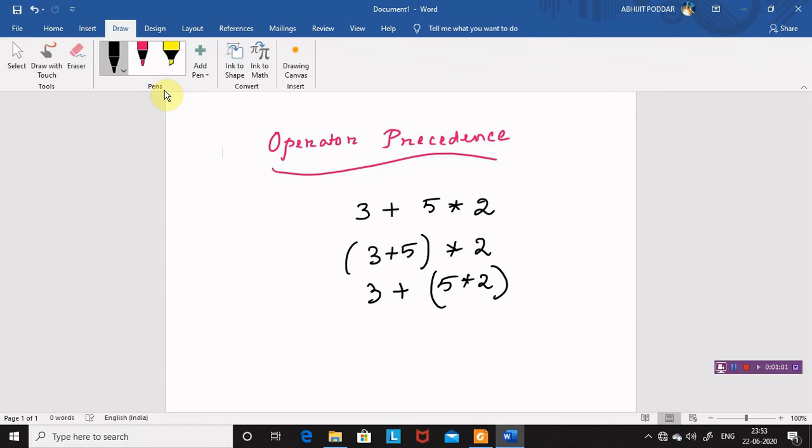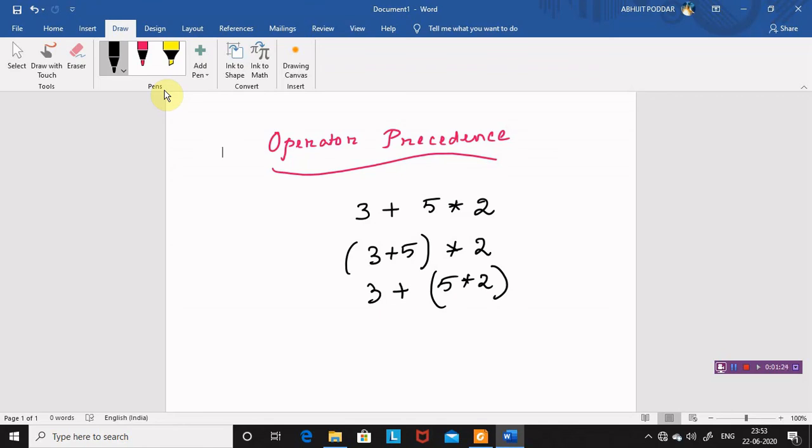Now, which of this actually happens when we evaluate this expression in C language? The answer would depend on what is known as operator precedence. More specifically, it would depend on whether a multiplication operator has higher precedence over the addition operator or vice versa.